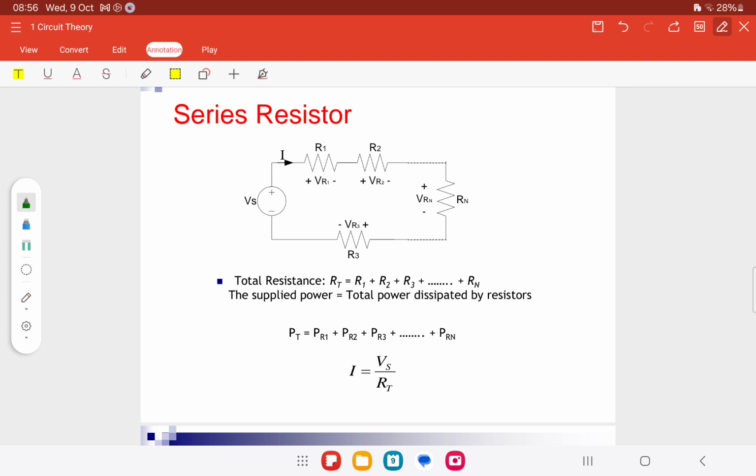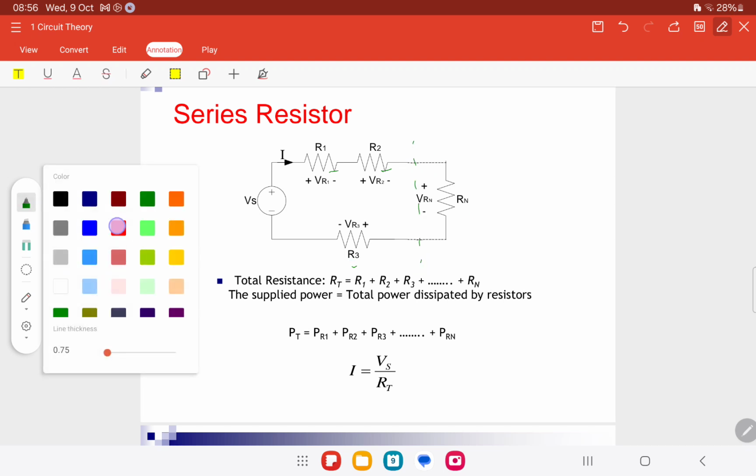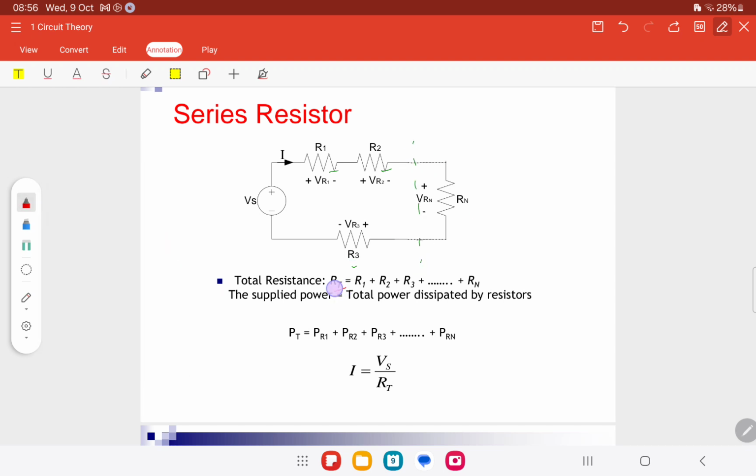Okay. So this is very simple series resistor. So since now we have R1, R2, R3. This is kalau kita putuskan kat sini. Okay, so the total resistor is just combination of all the resistor. Tak kira lah ada berapa banyak.